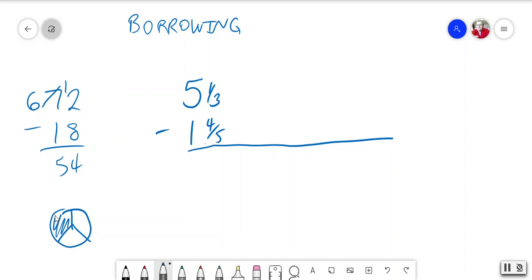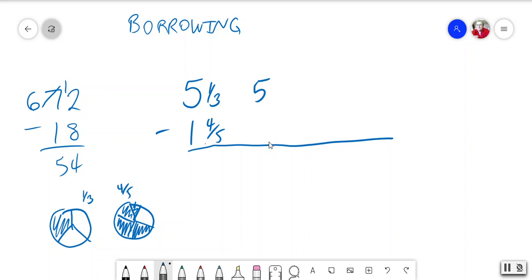This is a third. This is a horrible drawing. But even with a horrible drawing, you can see that 1/3 is very obviously smaller than 4/5. But we're not going to address that just yet.